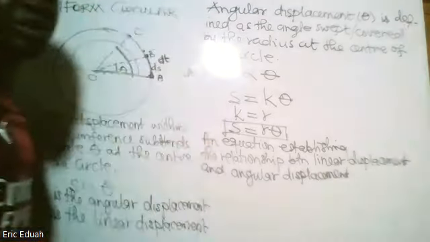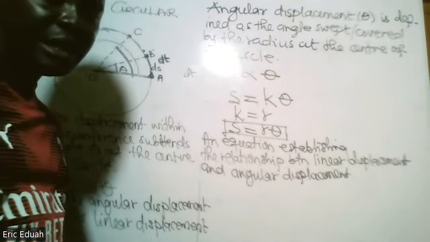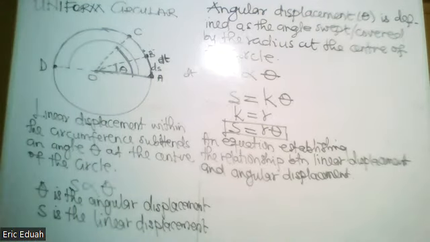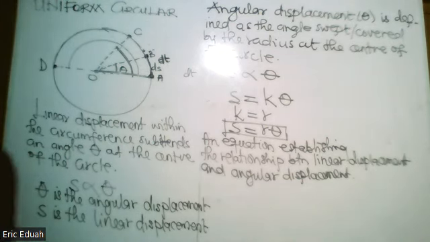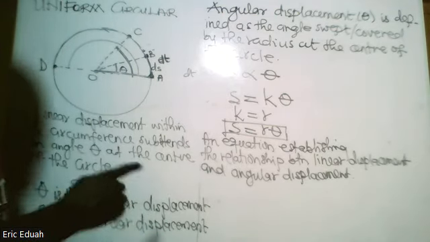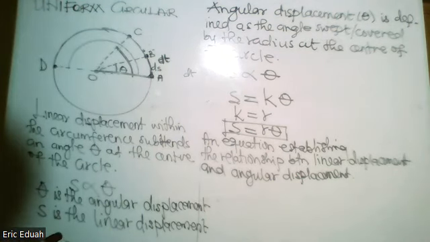In circular motion, whenever you hear angular quantities or measurement, it means it occurs at the center of the circle. All angular measurements or quantities occur at the center of the circle. All linear quantities happen within the circumference. Please, are we okay?